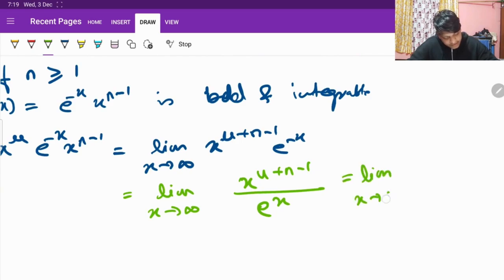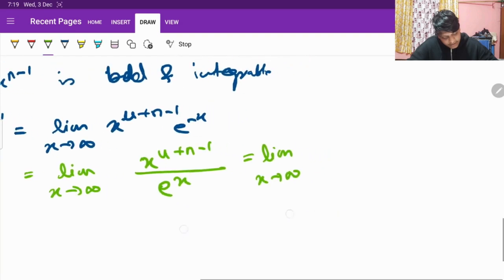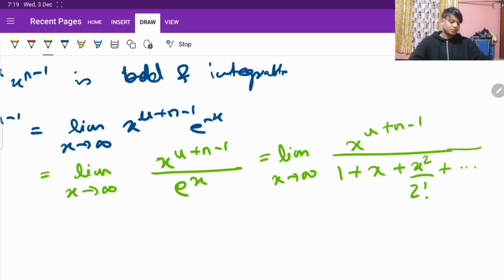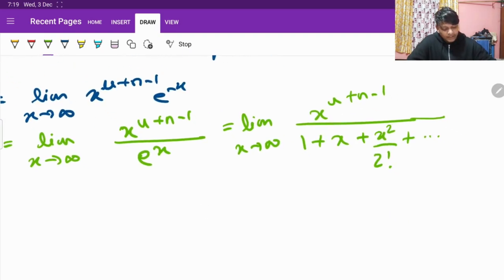Limit as x tends to infinity of x to the power mu plus n minus 1 over 1 plus x plus x square by 2 factorial plus dot dot dot, it goes on. As we move further, the denominator keeps increasing, so obviously it is going to be 1 by infinity.